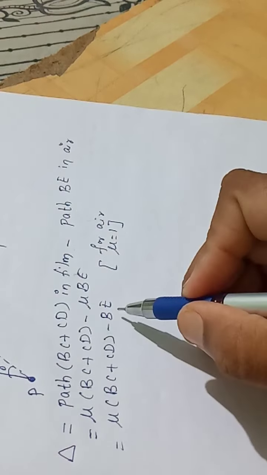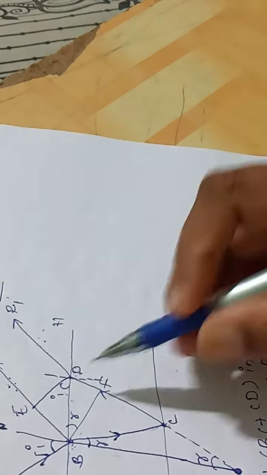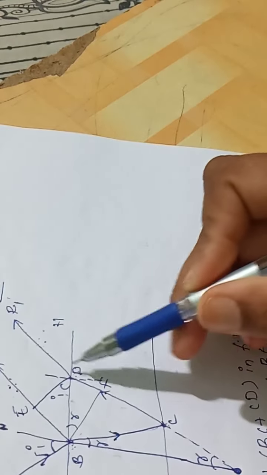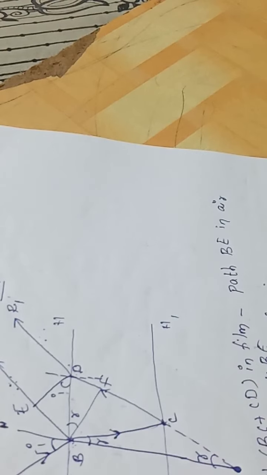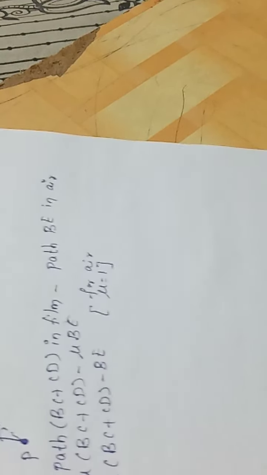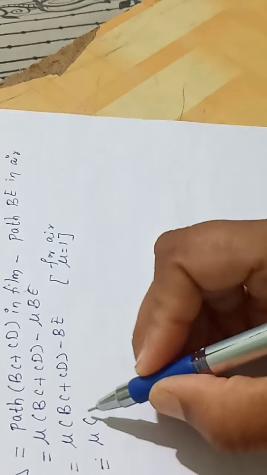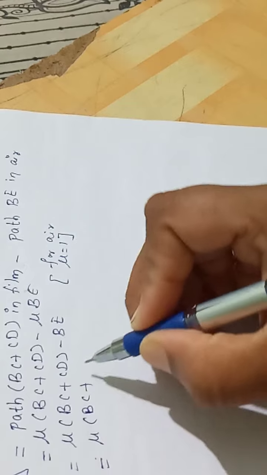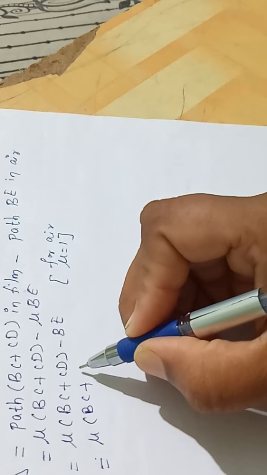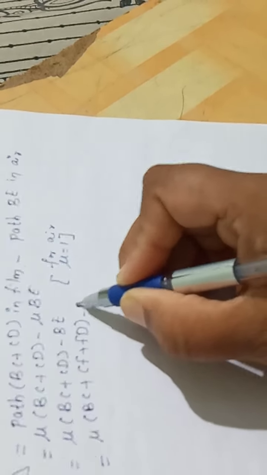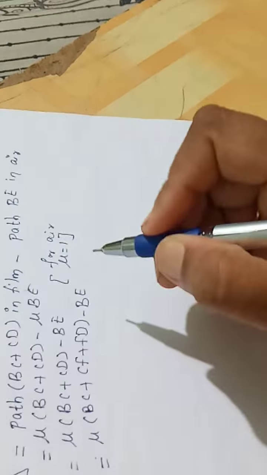Now again let us look at the diagram. CD can be written as CF plus FD. So delta equals mu (BC plus CF plus FD) minus BE.